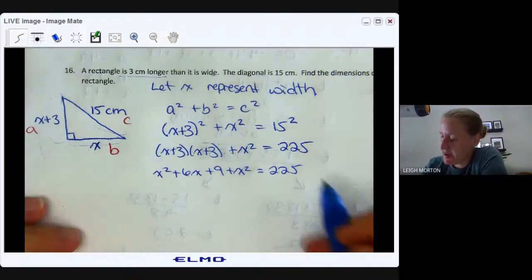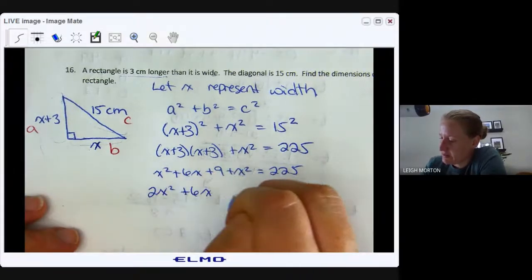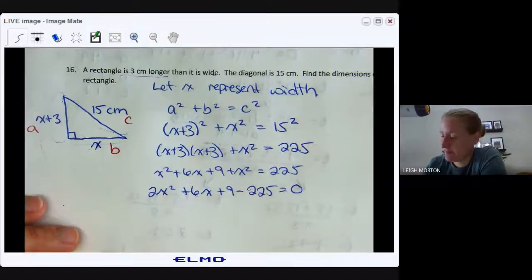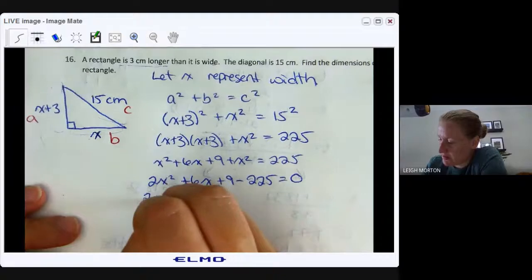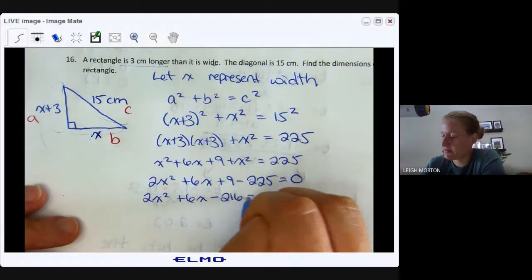And once I simplify, that would give me 2x squared plus 6x plus 9 minus 225 equals 0. So 2x squared plus 6x minus 216 equals 0.